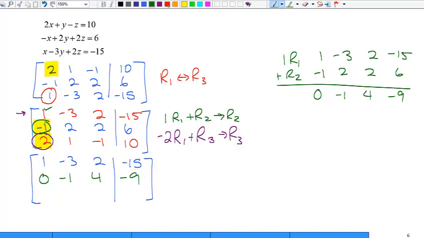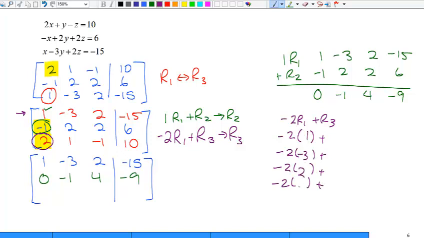And then I'll do the other one horizontally. So that's -2 times row 1 plus row 3. So row 1, that's 1, -3, 2, and 15, times -2. Notice I'm always using the matrix, my previous matrix, when I'm using the rows, because they change every time, so you make sure you're using the correct one.